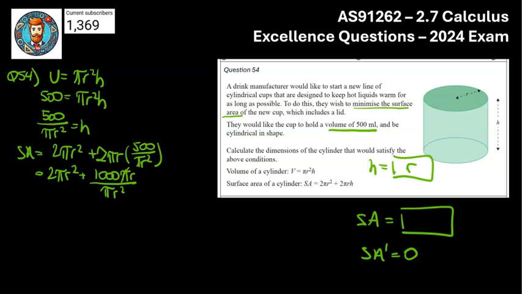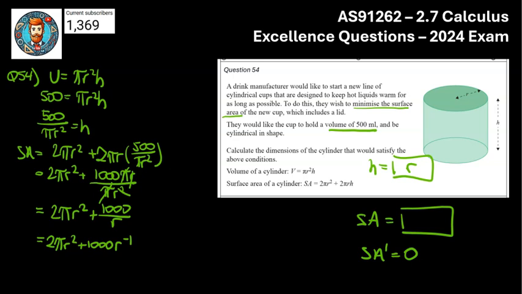This looks nice. Those pi's cancel, so it's going to make my life a bit easier, and that r is going to cancel out one of those. So that is going to become 2 pi r squared plus 1000 over r. And remember, 1000 over r can be expressed as a negative power, can't it? So if we flip that over to the top, that's going to be 2 pi r squared plus 1000 r to the power of minus 1.